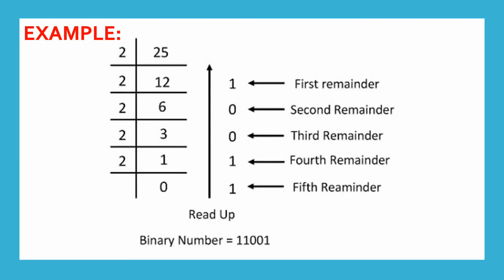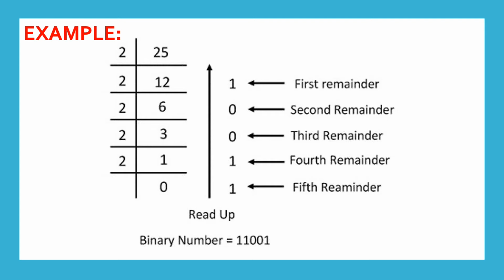We will understand decimal to binary conversion with the help of one example. Here we have taken decimal number 25 that is being converted into binary number. So according to the steps, we will keep on dividing the number by 2 and keep on recording the remainders on this side. So we will divide 25 by 2, then quotient becomes 12 and remainder becomes 1.